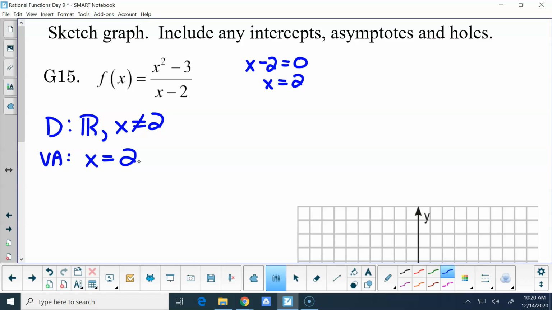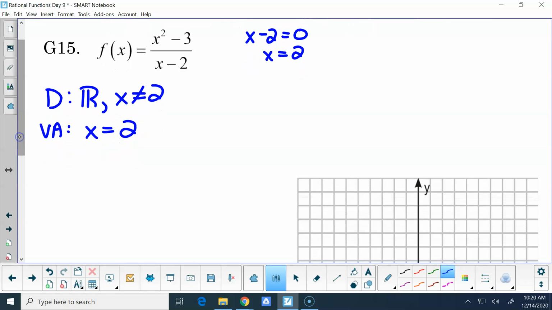Step number 2. How do I do that? Somebody other than Miss Bailey. Hey, what do you got? Compare the degrees, right? Okay, degree of the top is 2, because we can't just say big over small, because we've got that step 6 now. Okay, so degree of the top, 2, degree of the bottom, 1.